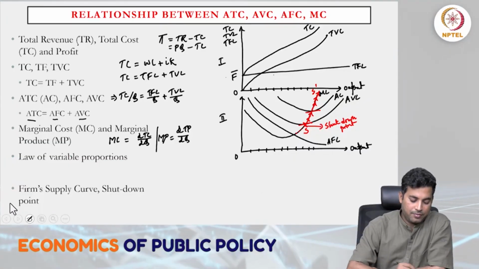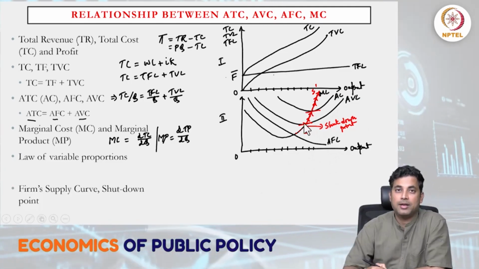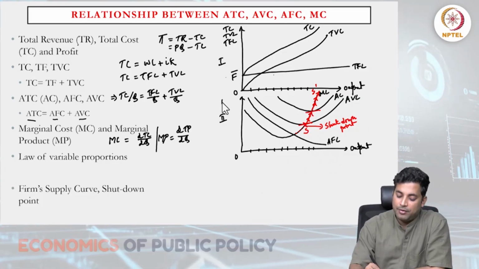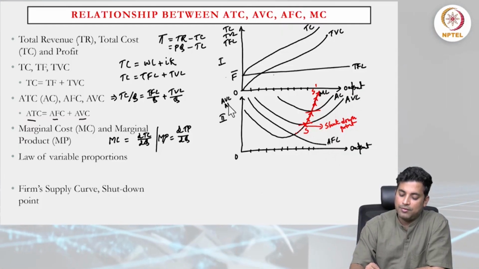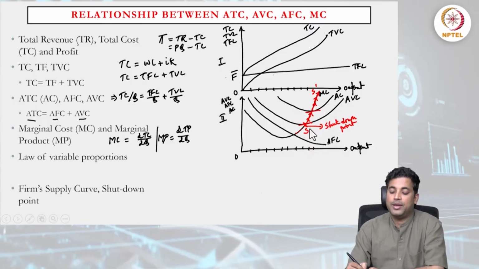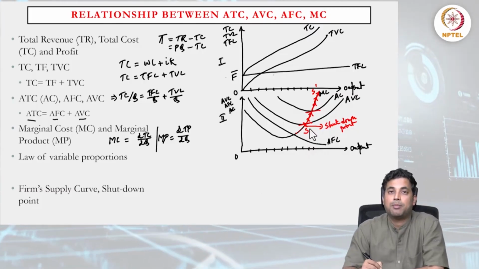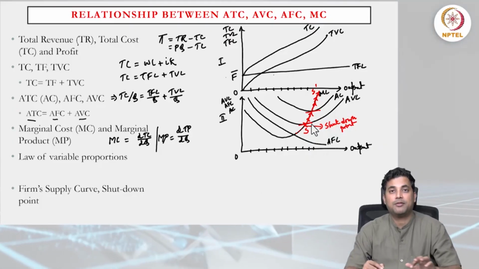So this is how the supply curve is upward sloping. Here we measure average variable cost, average fixed cost and average cost, and this is how we get the supply curve for the firm, which is upward sloping at the firm level.